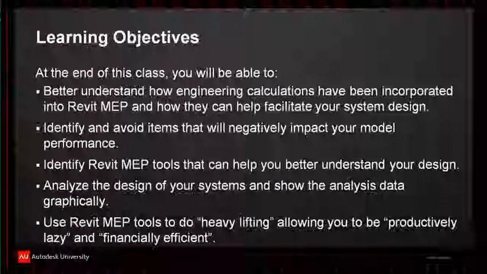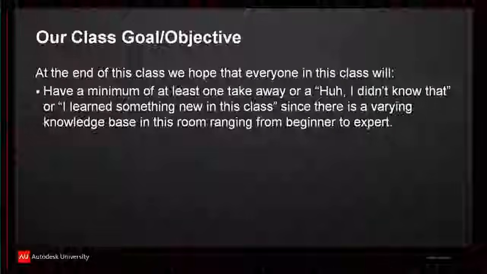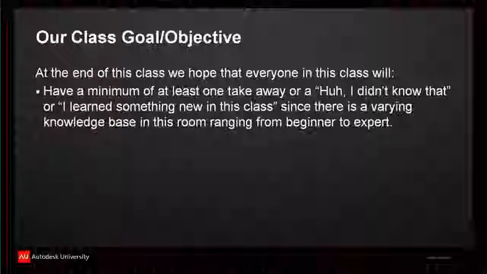All right. So with that, help me understand where you guys are, because the hardest thing when you're putting together these classes is getting something out of them depending on your knowledge base level. I'm going to say that a beginner in Revit MEP is 1 to 3 years. How many beginners do we have in here? Okay.